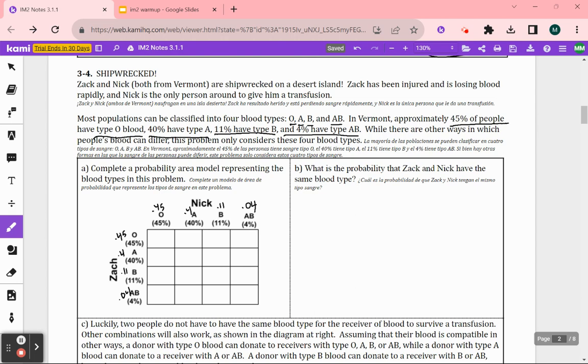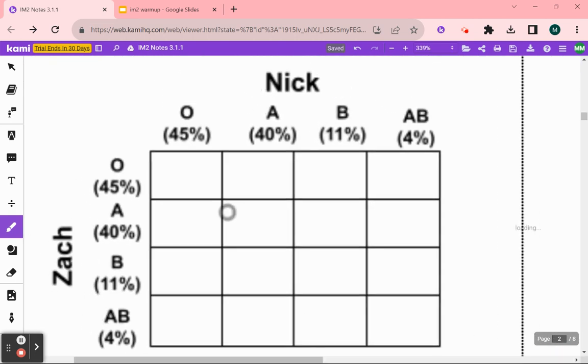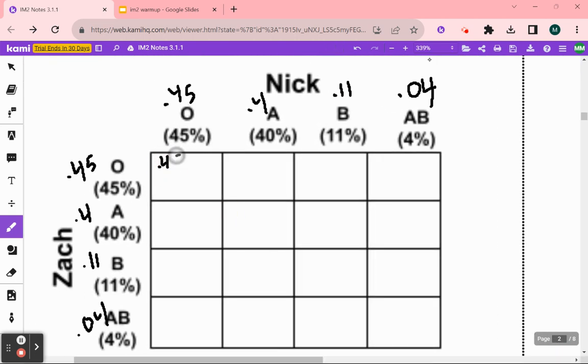So this box right here, I'll zoom in, is 0.45 times 0.45, which equals, if I don't have any mistakes, and I might, 0.2025. This box is 0.4 times 0.45. This box is going to be 0.11 times 0.45.